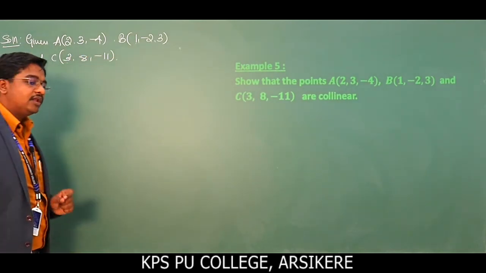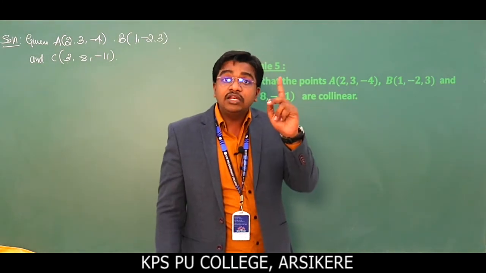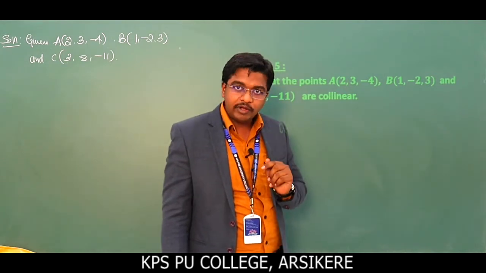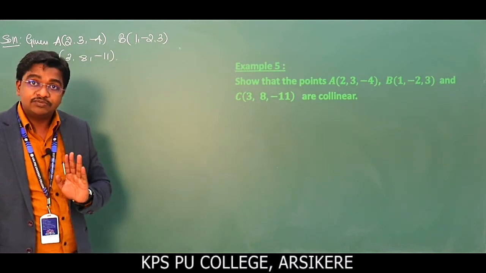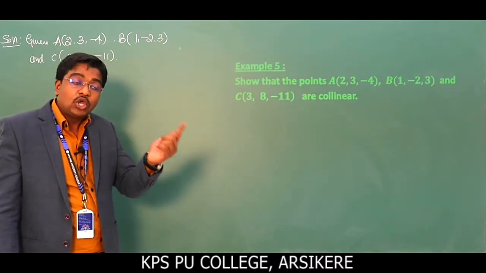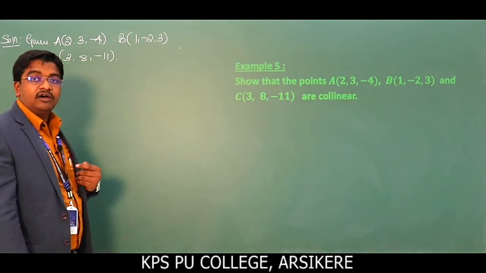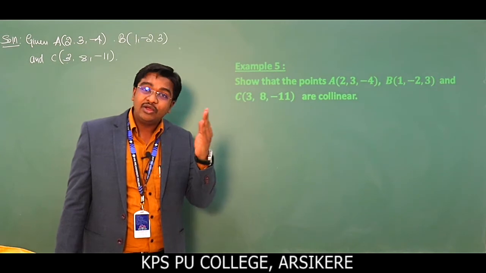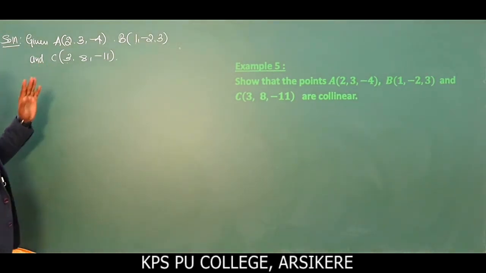And remember in our last class we discussed the direction quadrant of a line passing through 2 points is x2 minus x1 divided by PQ, and the corresponding direction ratios are x2 minus x1 or x1 minus x2, y2 minus y1 or y1 minus y2, z2 minus z1 or z1 minus z2. Either you can take x2 minus x1 or x1 minus x2, that is also valid. Okay, so they are the given points.